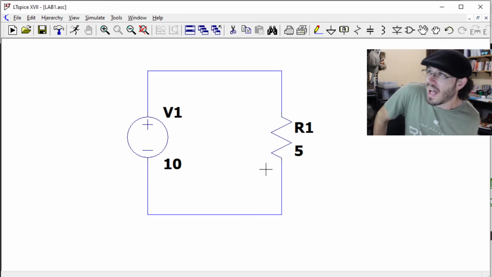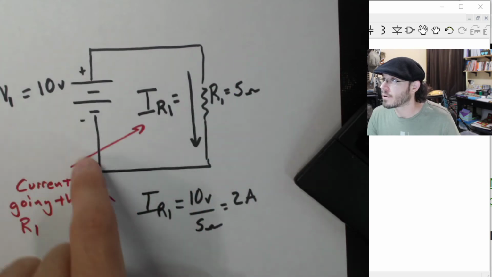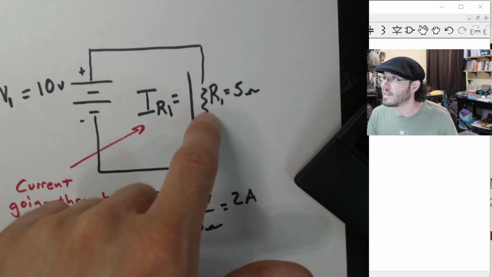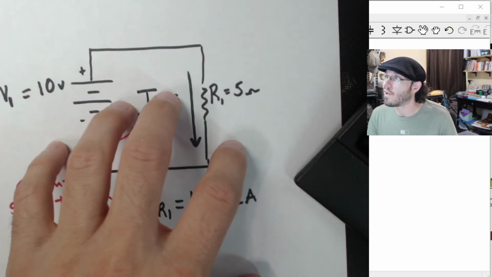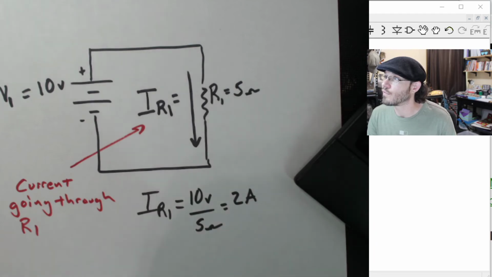Now, I'm almost ready to run this. There's one last thing I need to do, which is not something that I do on my paper. I need to pick a point of this circuit and actually tell the simulation tool that that is 0 volts.